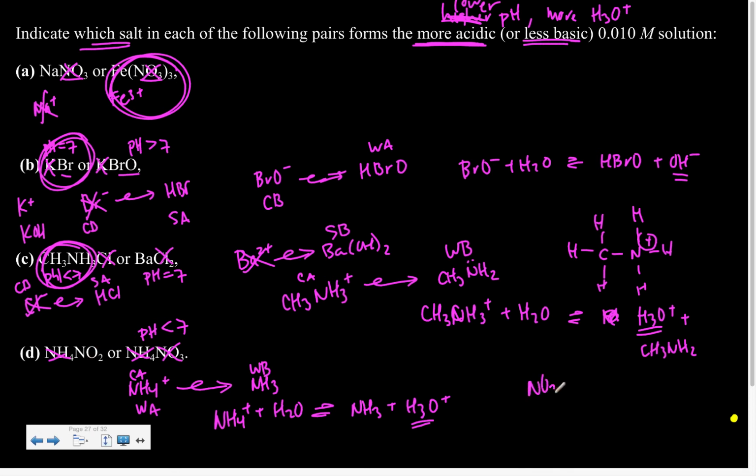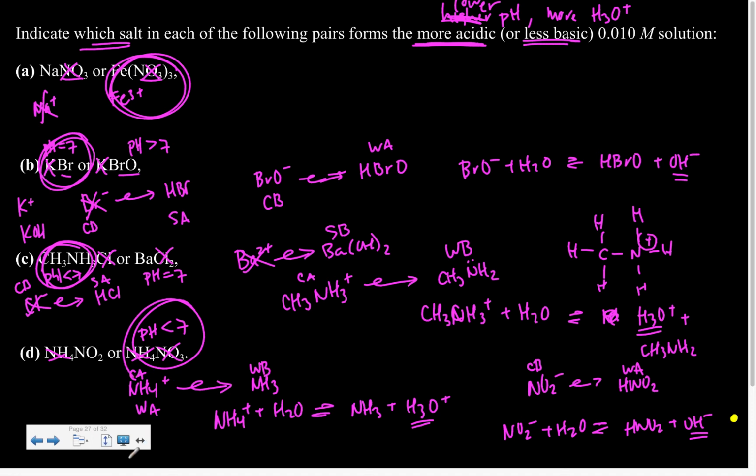So NO2- is going to be the conjugate base of nitrous acid, which is a weak acid, which means that nitrite has the tendency in solution to form HNO2 plus hydroxide. Now, if it's producing hydroxide while the other one is producing hydronium, what does that mean about its pH? Right, it means it's going to be less acidic than this. Does that make sense? You don't know how much less, but less acidic than this is going to be, which means that's going to be our answer.